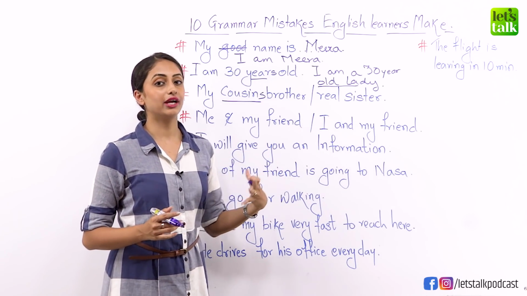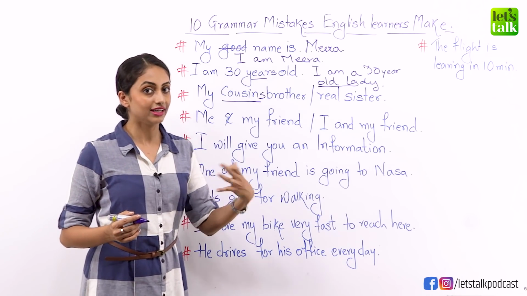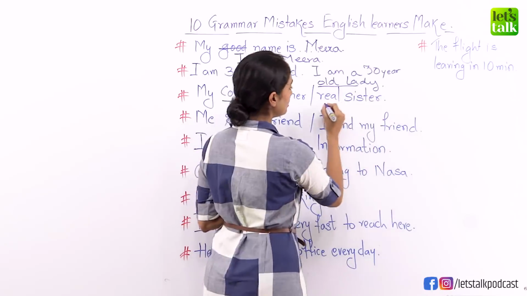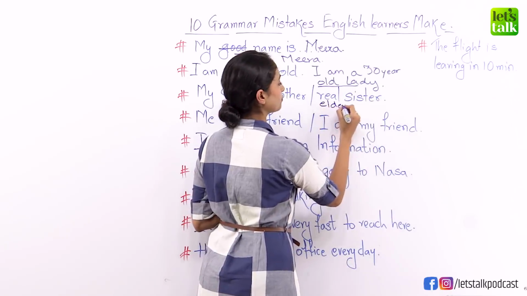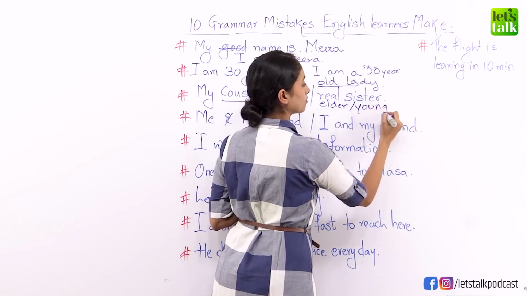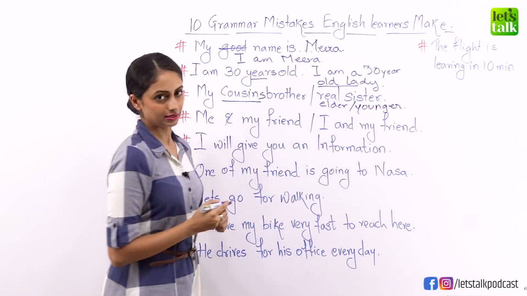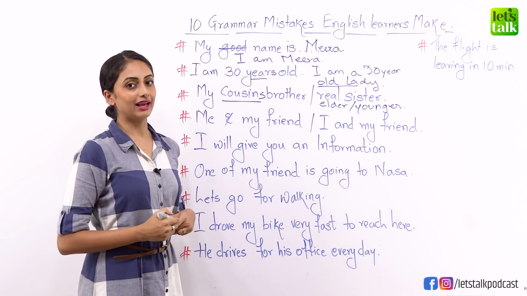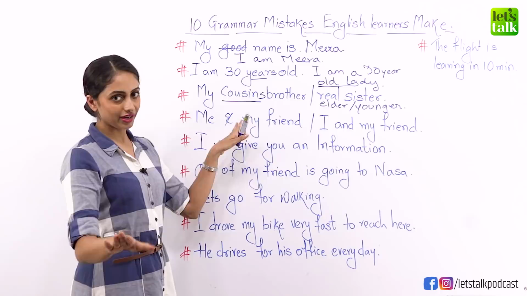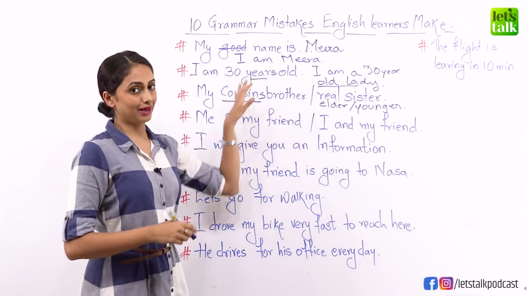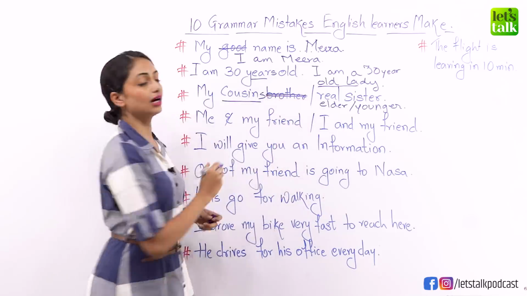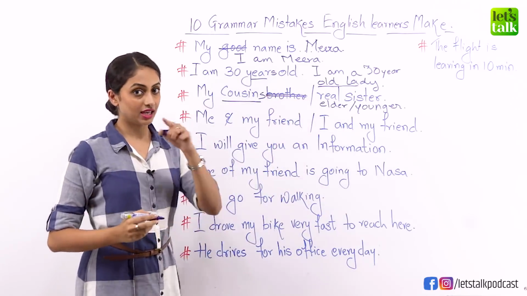That just means you're trying to prove something that is non-existing in English. So all you can say is elder, right? Younger. Or just keep it sister. Or you can probably add an adjective, my annoying sister. Right? But avoid saying my cousin brother, my cousin sister. It's just cousin or cousins. Got that?